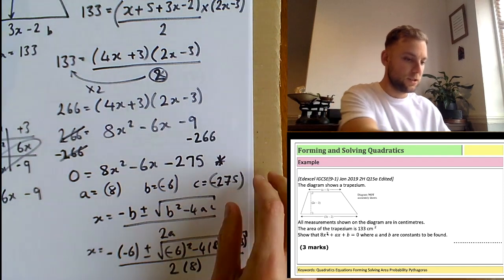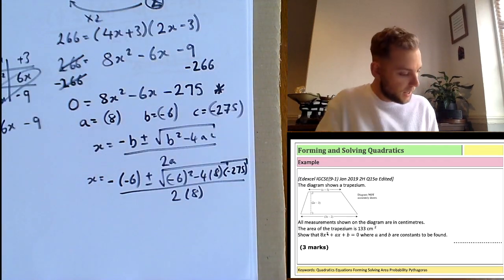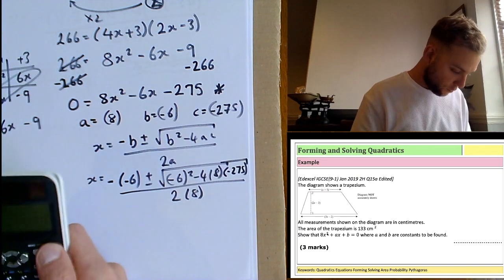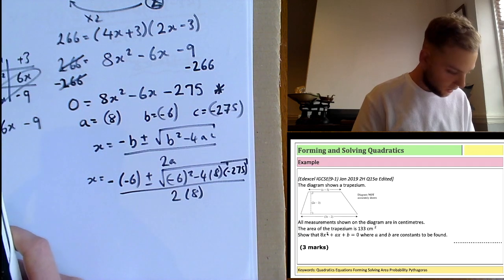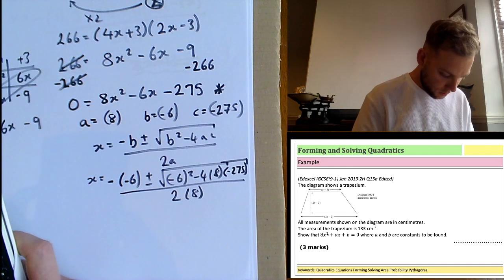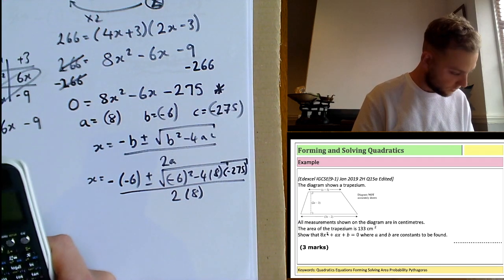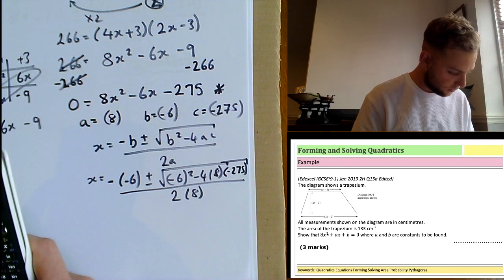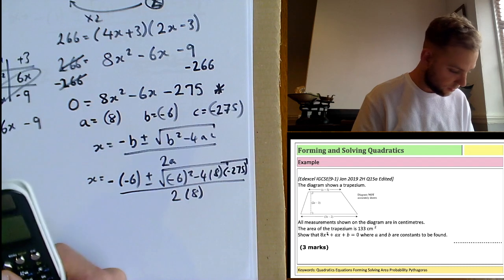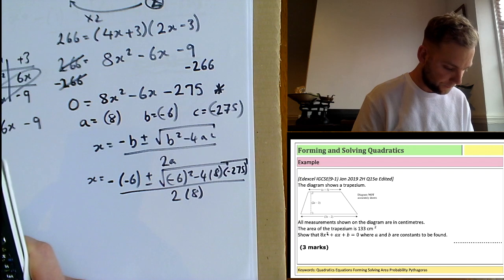Okay, so here, let's sub that in. So fraction button first, fraction minus bracket minus 6 bracket plus the square root of bracket minus 6 bracket squared minus 4 times 8 times minus 275 all over 2 bracket 8 bracket.